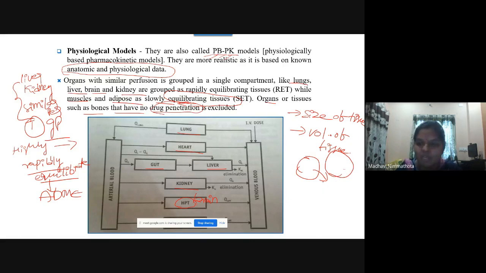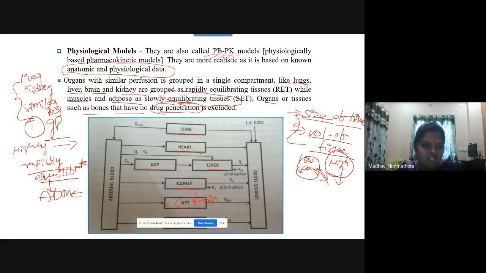In the heart there is low penetration of the drug, whereas in the lungs there is high drug penetration. So it depends totally on the volume of the tissue fluids and the size of the tissue. The movement of the drug in these physiological models depends upon the size and volume of the tissue.